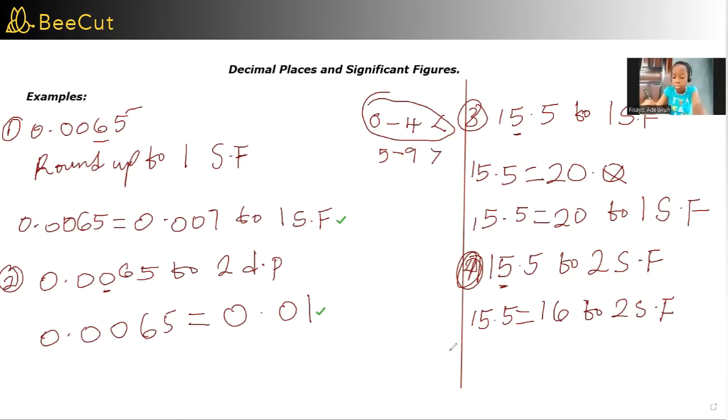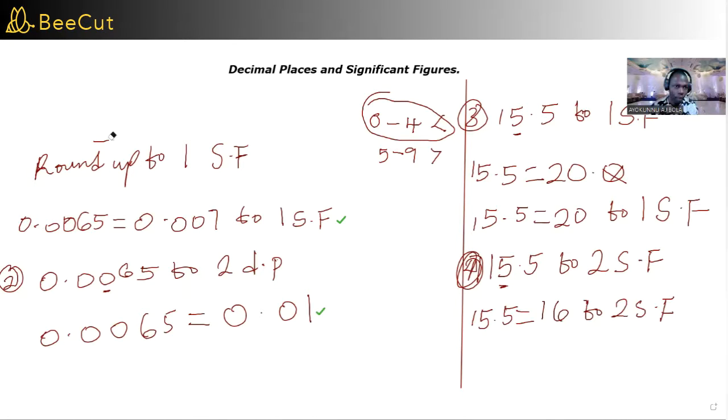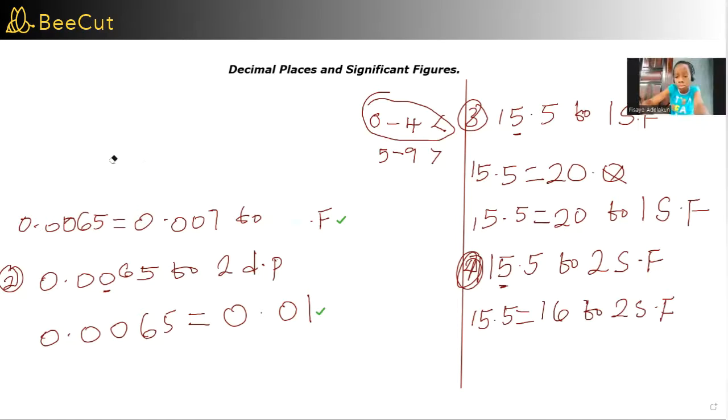Yes, sir. Okay, so I think I want to clean the first column there so that we can look at more examples. So here we are looking at decimal places and significant figures.